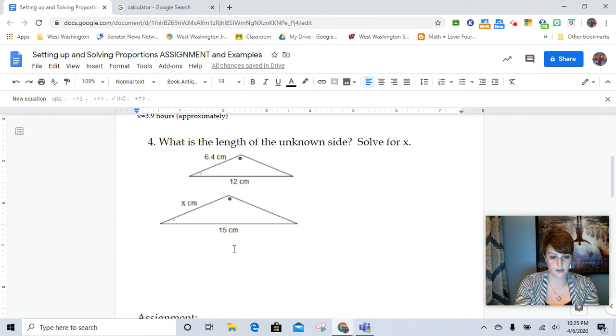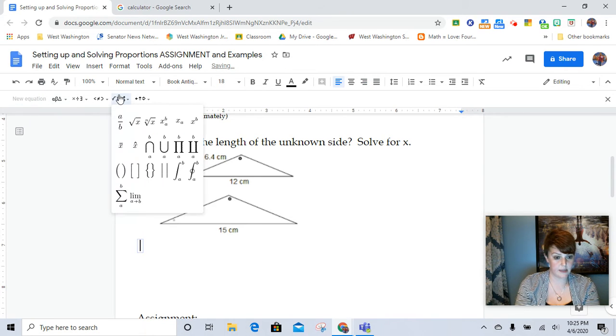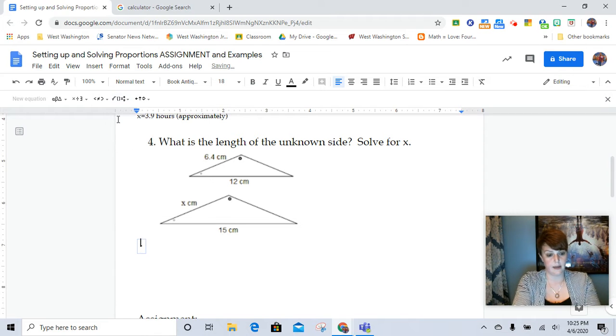What I like to do is see the big side on the triangle here. That matches up with the big side on the triangle here. This side matches up with this side. And so what I'm going to do is set up my proportion big side over small side.